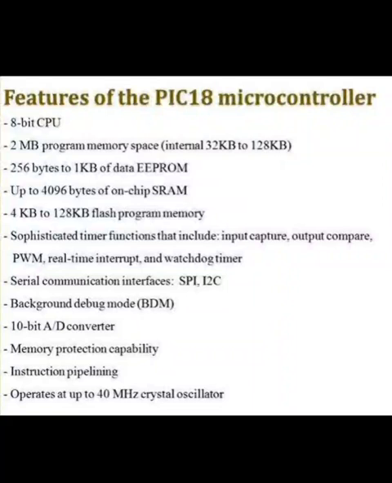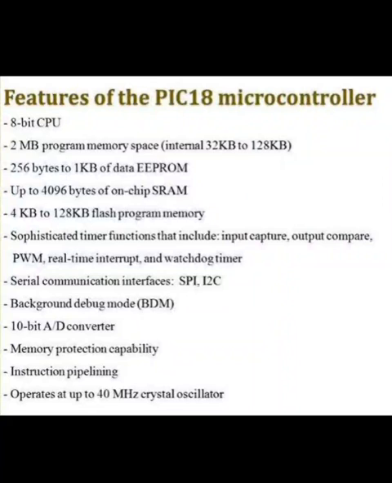The PIC microcontroller has an 8-bit CPU. The 2 MB program memory space means internal 32 kilobytes to 128 kilobytes, 256 bytes to 1 kilobyte of EEPROM, up to 4096 bytes of on-chip SRAM, and 4 kilobytes to 128 kilobytes of flash program memory.